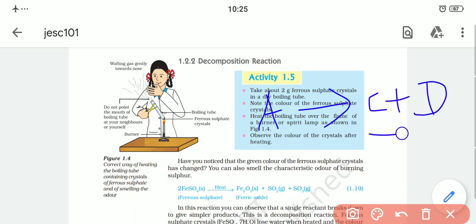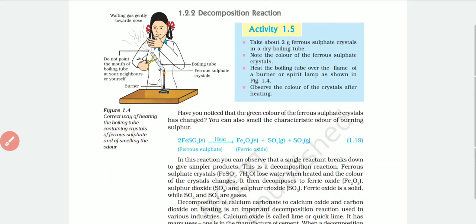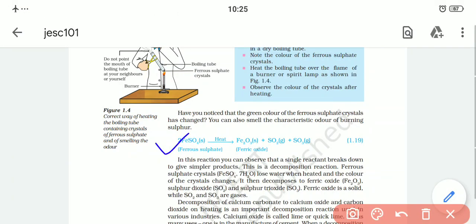Two products are formed from one reactant. See here, one activity is given: when ferrous sulfate crystals, FeSO4, are heated, they form ferric oxide, sulfur dioxide and sulfur trioxide.